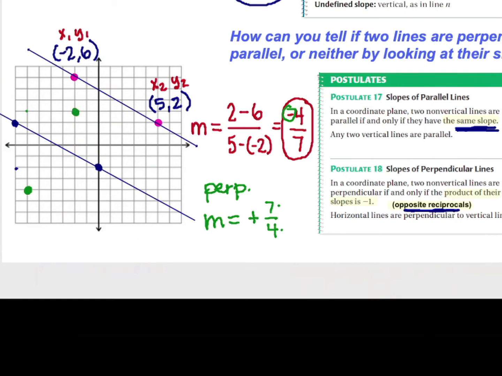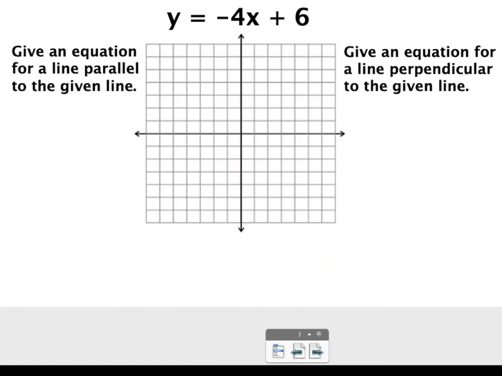That should give me a perpendicular line. So one more time, same slope is going to give us parallel lines, and opposite reciprocal slopes give us perpendicular lines.